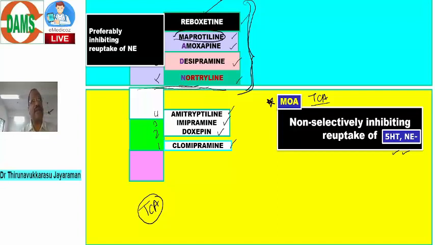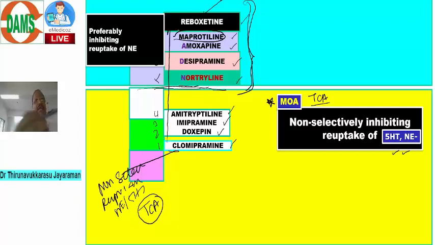In ascending order, for example, clomipramine is a pure non-selective reuptake inhibitor of norepinephrine and serotonin. As we go in ascending order, the reuptake inhibition of norepinephrine is more. This one minimally inhibits serotonin reuptake, maximally norepinephrine.